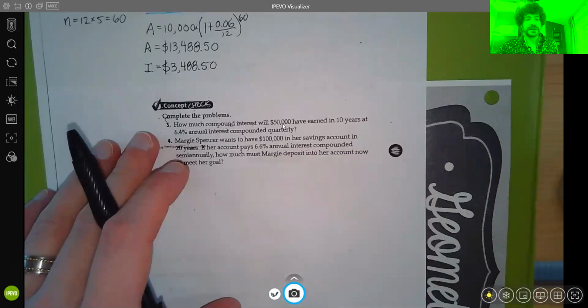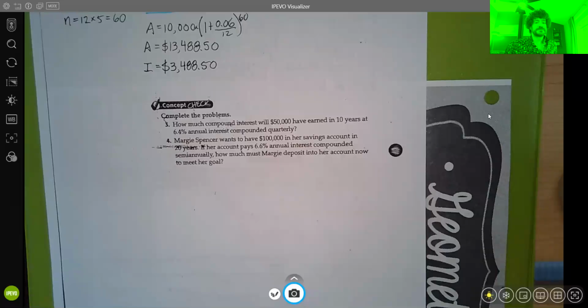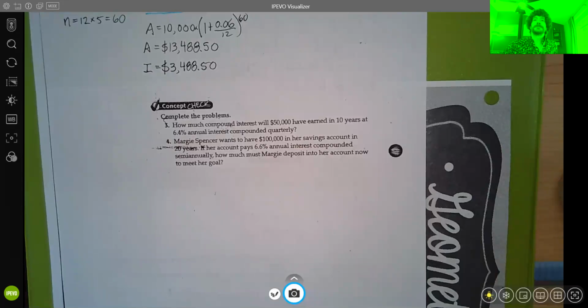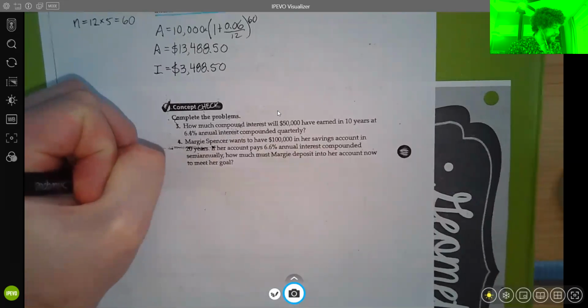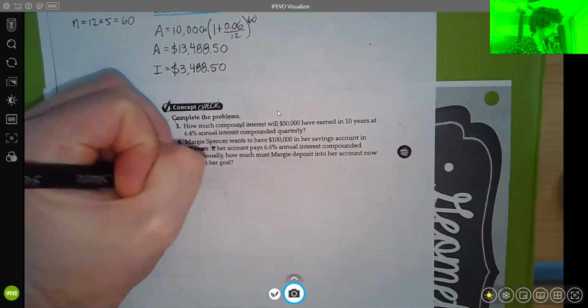So number 3, how much compound interest will $50,000 have earned in 10 years at 6.4% annual interest compounded quarterly? So value of P. Number 3, value of P is equal to $50,000.